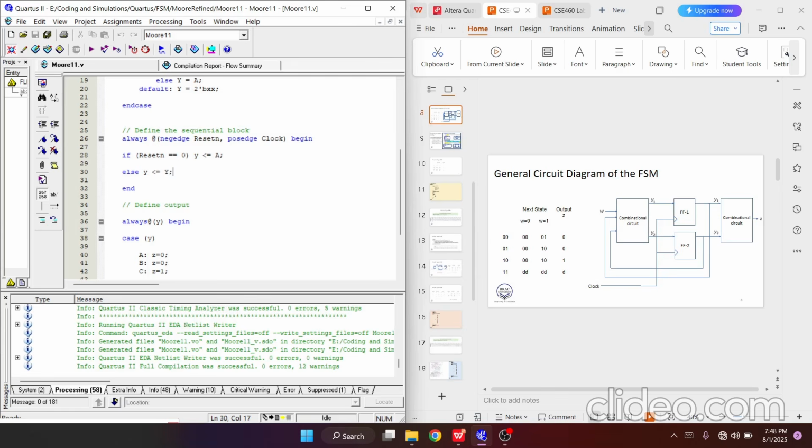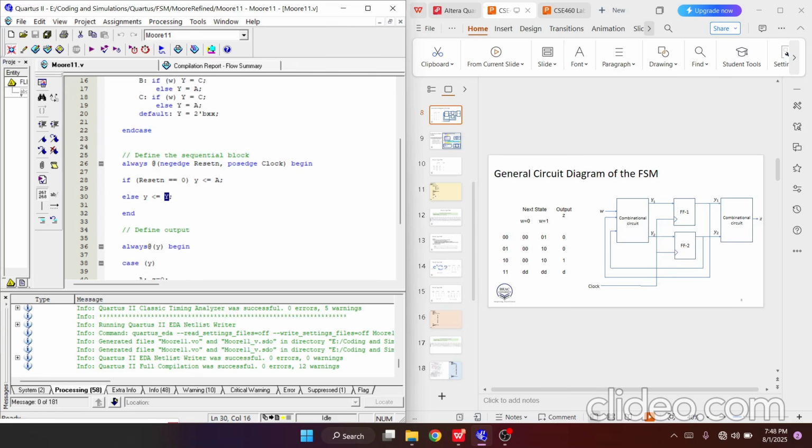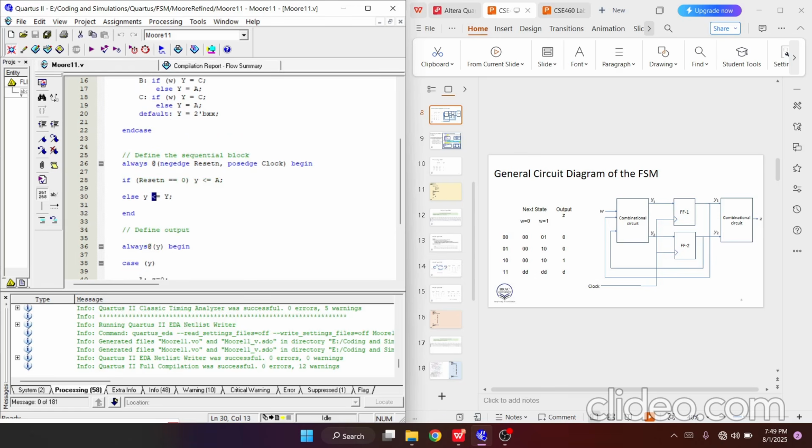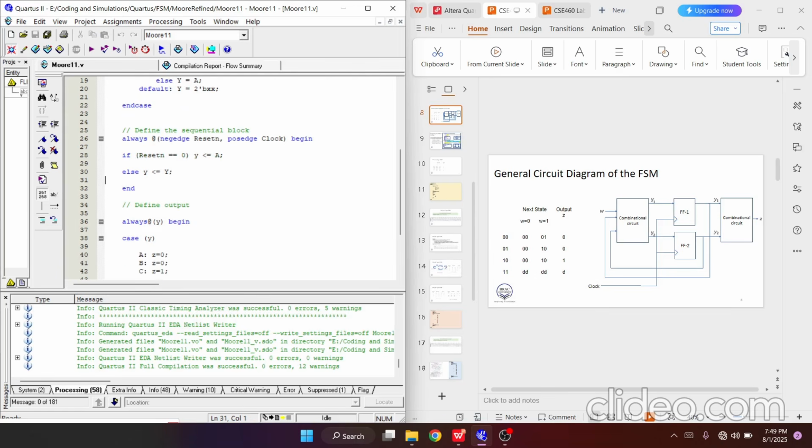Rather, the capital Y value calculated in the previous cycle will be used. That means when in the previous cycle we calculated Y equal A, this Y equal A will be used in small y, and in the next cycle this Y equal B will be assigned inside small y. So this is how this non-blocking assignment works.